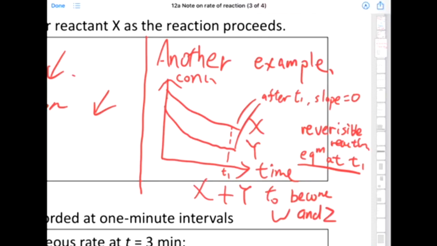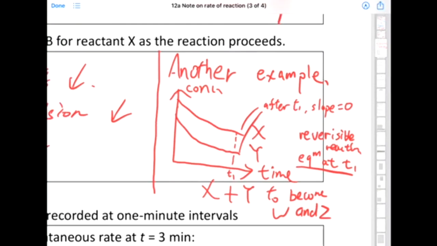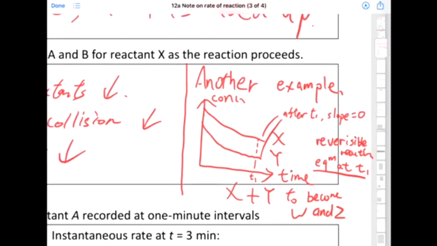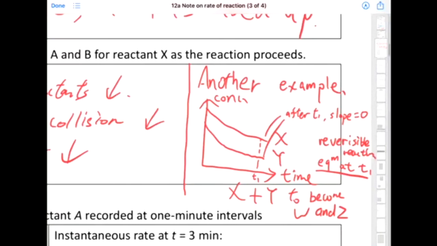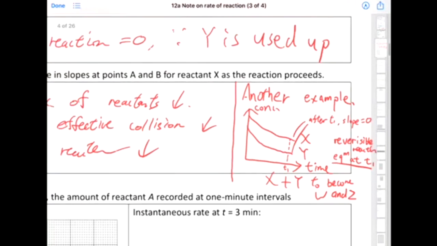Be reminded that you should be careful about the term instantaneous rate and average rate and what kinds of line you should draw.